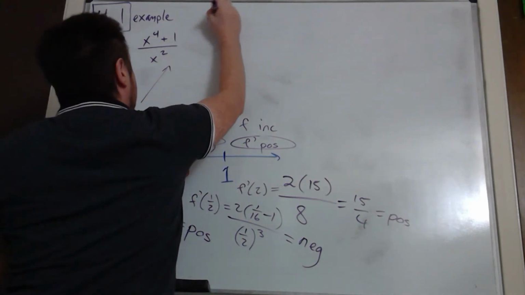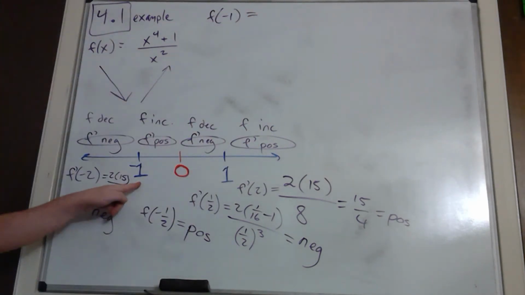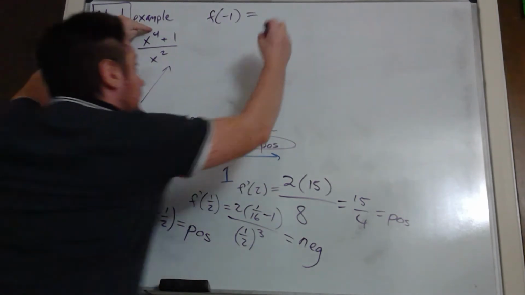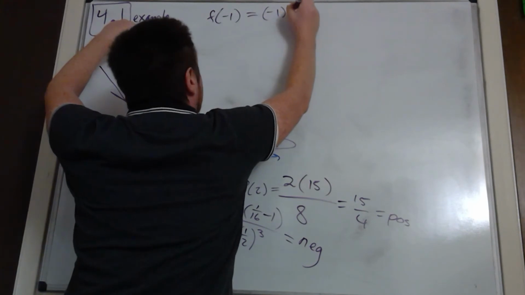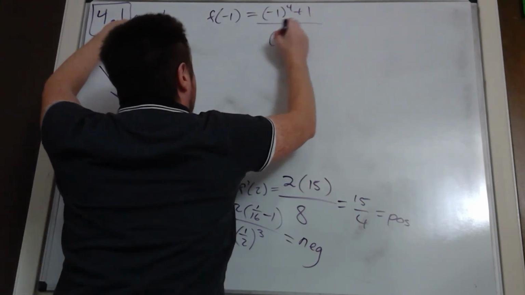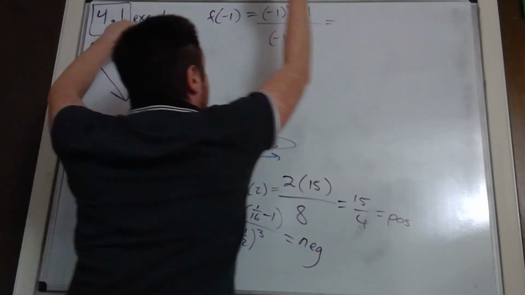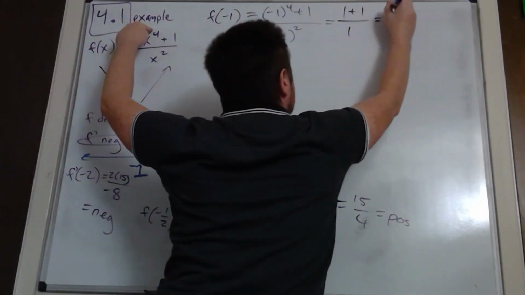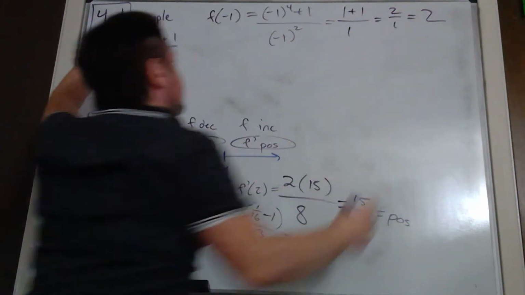Let's plug it in to double verify, because we want to know the function value anyway, so we can plot the point. F of -1 is -1 to the 4th power plus 1, and then over -1 squared. So -1 to the 4th power is 1, plus 1. -1 squared is 1, so 2 over 1. So we get 2. Cool.